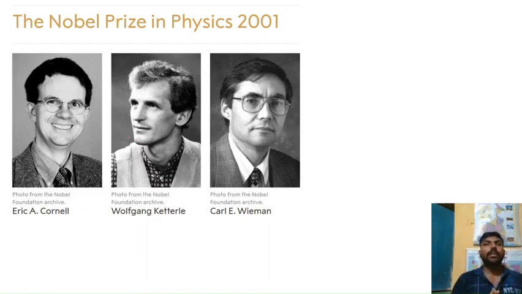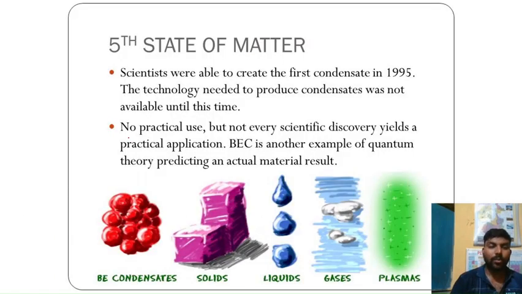Now you can ask me, sir, what does the fifth state of matter look like? First of all, I have to tell you that the condensate has been made, but it has no practical use, because we cannot see that fifth state of matter. It is very small.